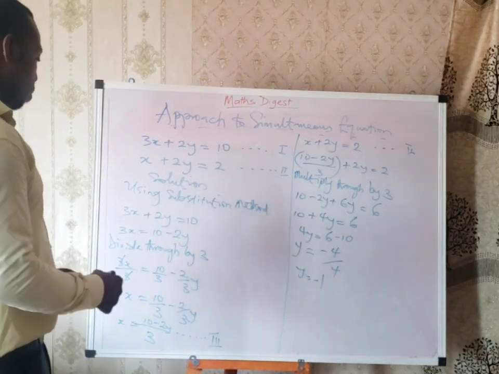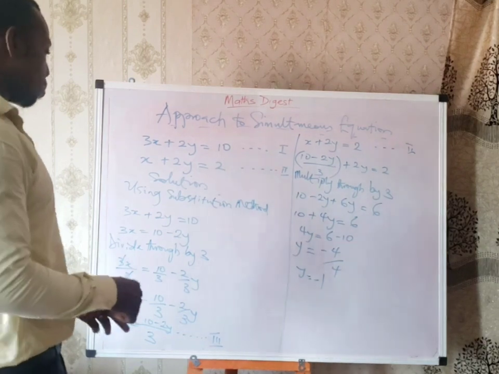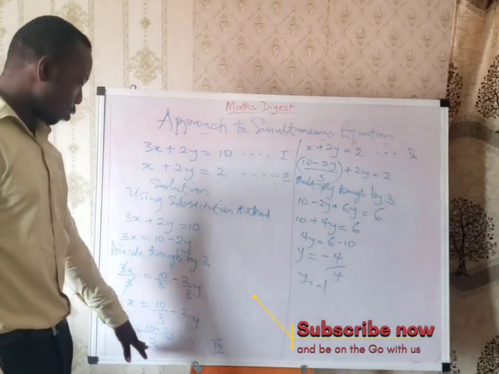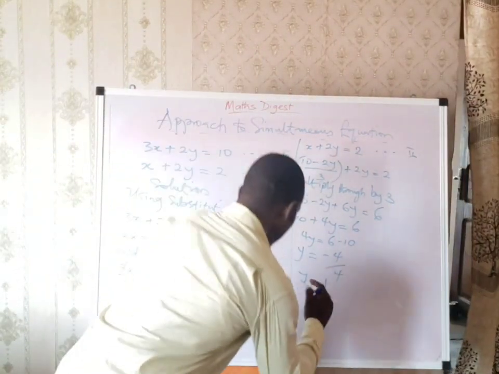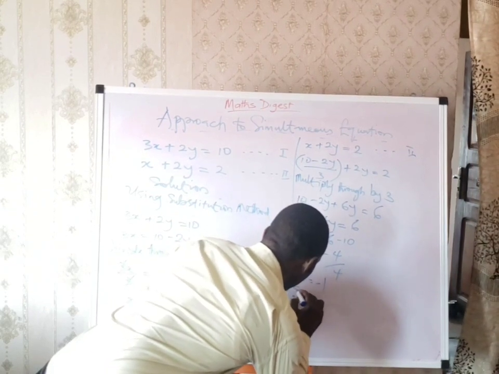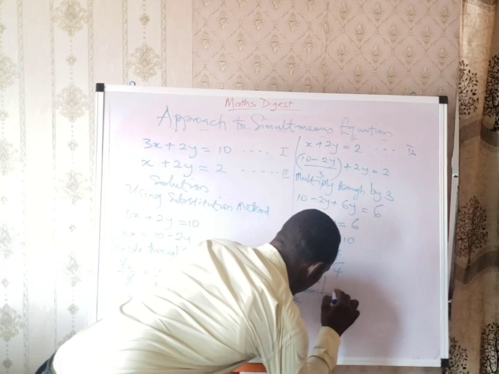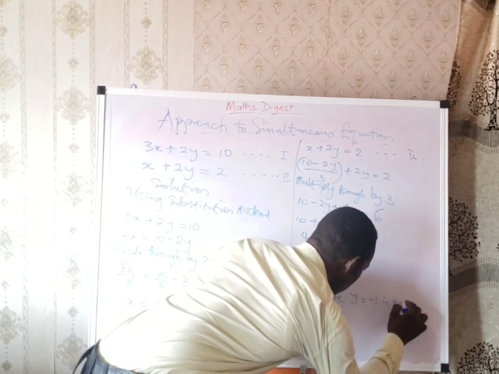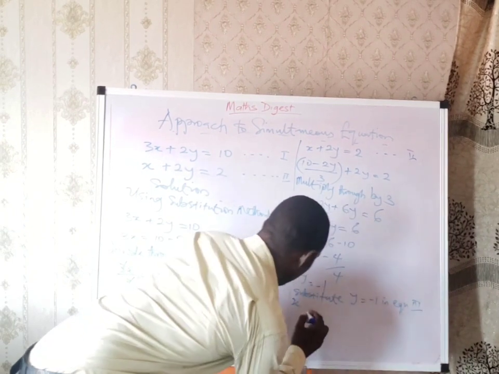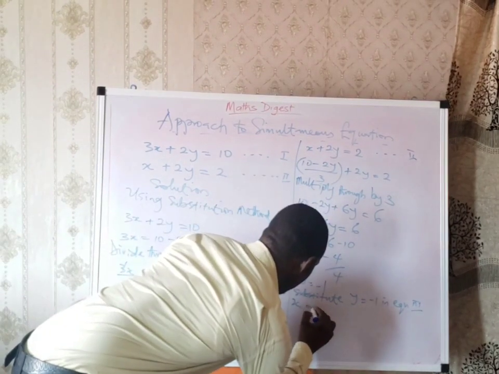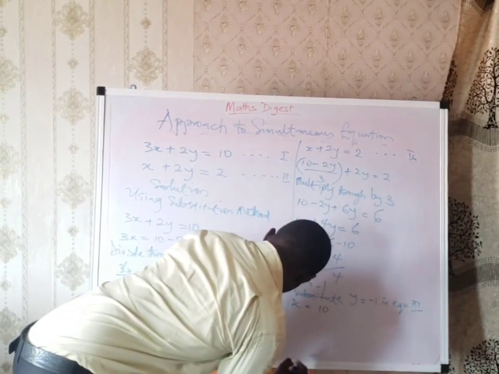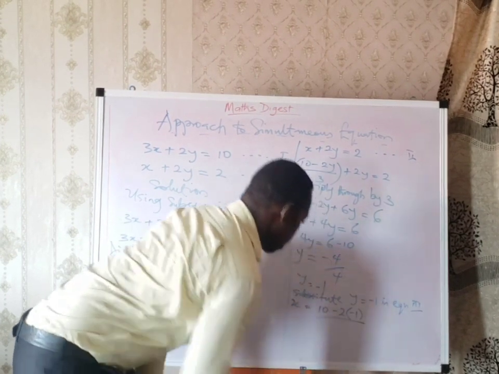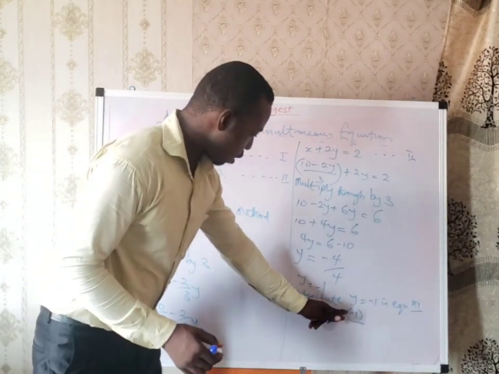All right, now we substitute y equal to minus 1 in equation 3. Where is our equation 3? This is our equation 3, and it says x equal to 10 minus 2 in brackets.